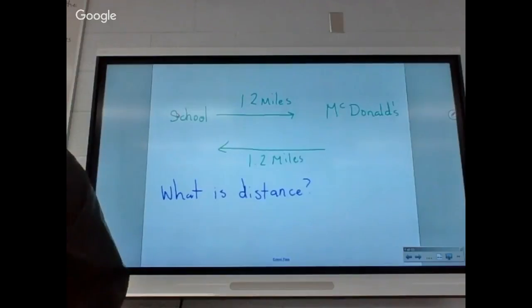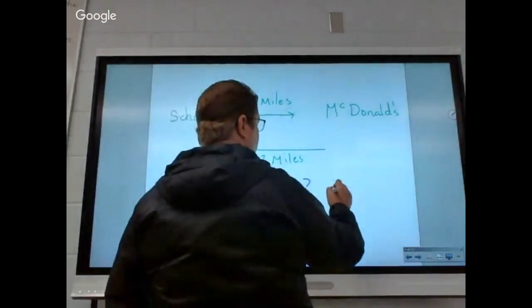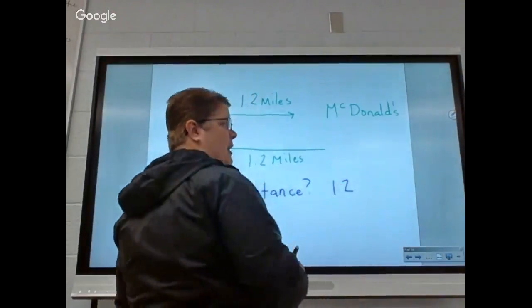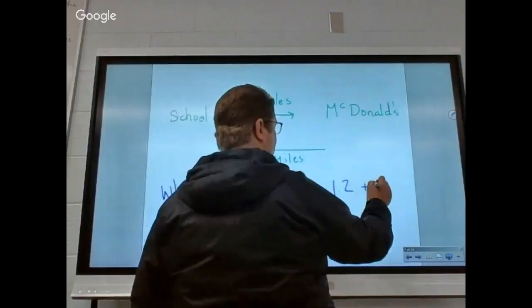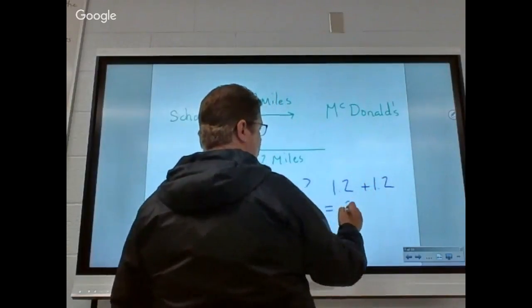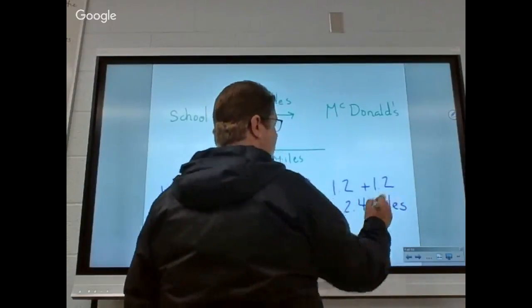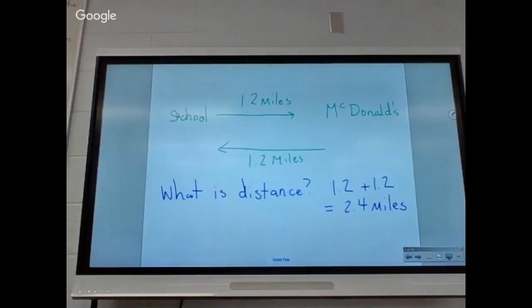The total distance. All right, how do we get it? All right, so to get our distance, we went 1.2 miles to the McDonald's, plus we went 1.2 miles back to the school, so we would have 2.4 miles is the distance that we travel, right?